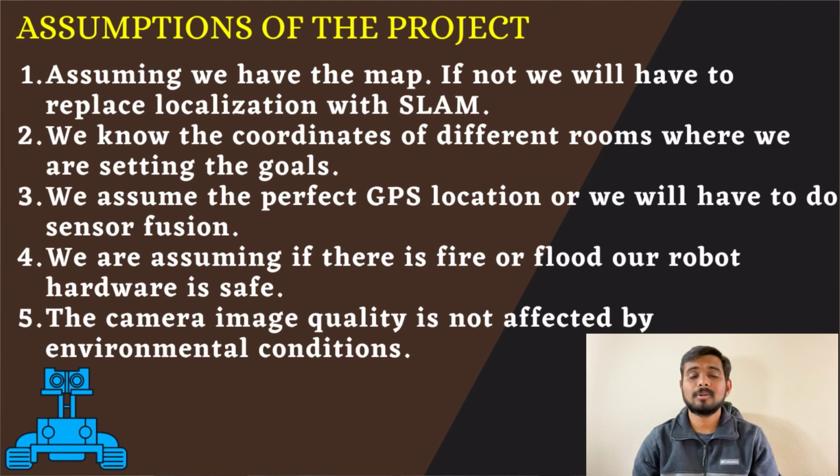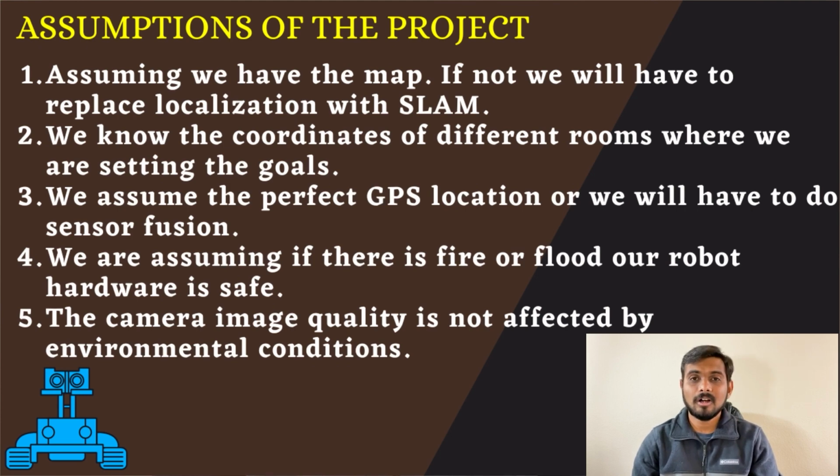Also, in this project, we know the coordinates of all the rooms, so we are giving goals in different rooms, which is making human detection easy. Also, we are assuming that our robot has perfect GPS location. If we don't have that, we will have to integrate different sensor fusion methods and get multiple sensors to predict the location.